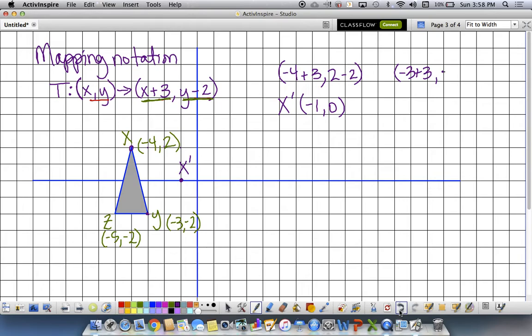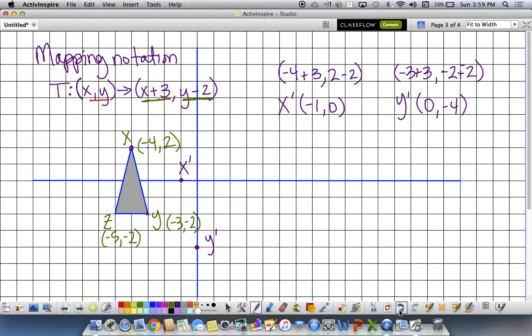And then the y, which is negative 2, and subtract 2. So my y prime would simply be 0, comma, negative 4, because negative 2 plus a negative 2 gives me a negative 4. Could I count also? Of course you can. Go over 1, 2, 3, and down 2. That's where y prime will be. Is that the exact same point, 0, negative 4? It is.